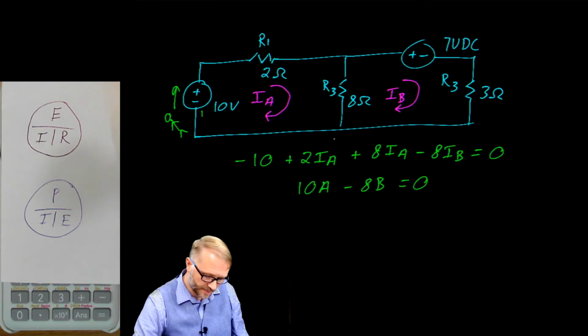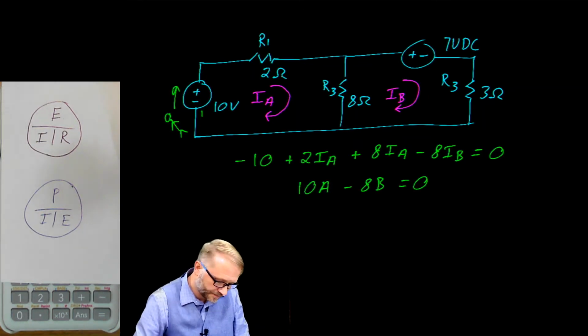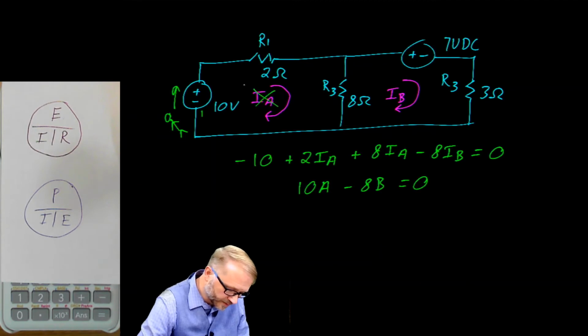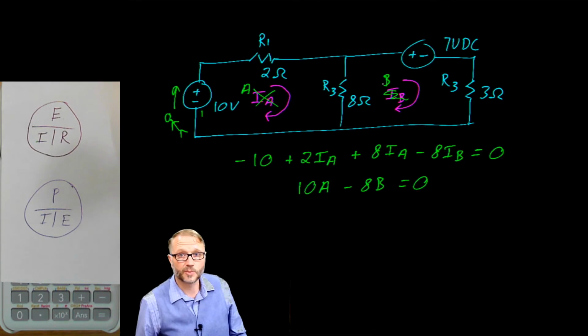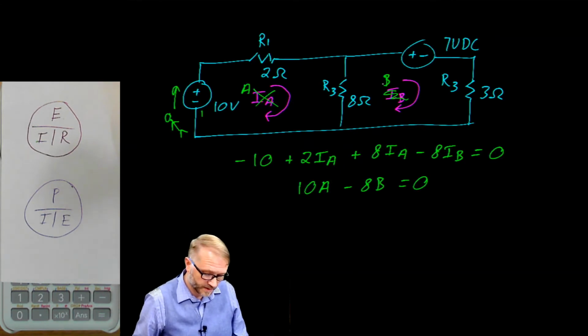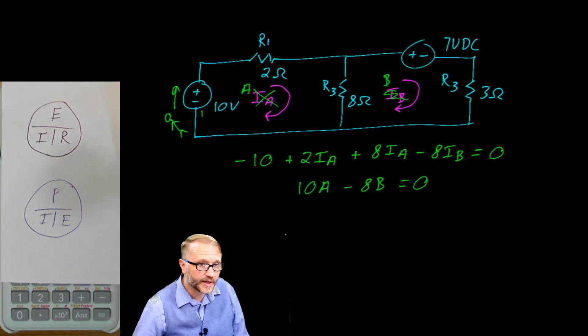You'll notice I'm dropping the current and then the subscript and just using the subscript. So effectively what I've done is I said, we're just going to call this A and we're going to call this B. I think it makes it a little bit easier as we go along. Less strokes to make with the pen, less mistakes to make. That took care of loop A.